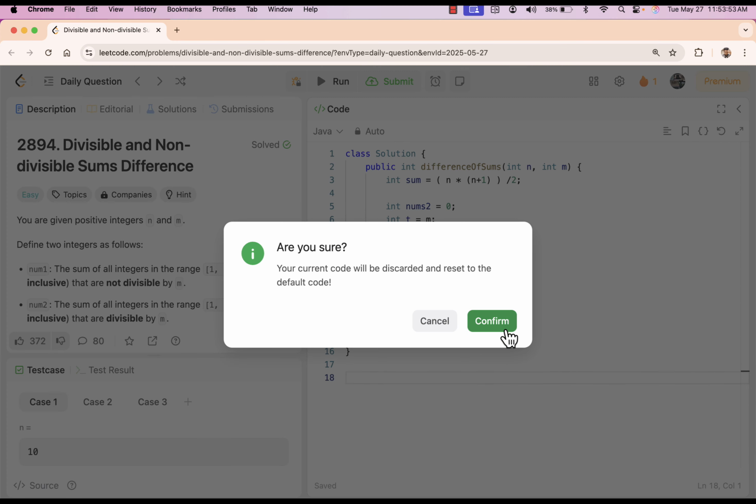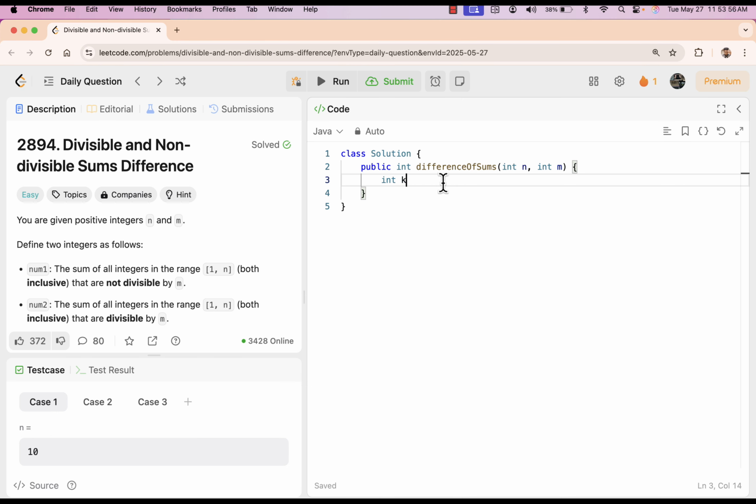Now let's code this approach and see if our formula is working fine or not. Here I am capturing k, which is n divided by m, and then I am writing my formula. n into n plus 1 divided by 2 is the first part of the formula, and subtracting m into k plus 1 into k.